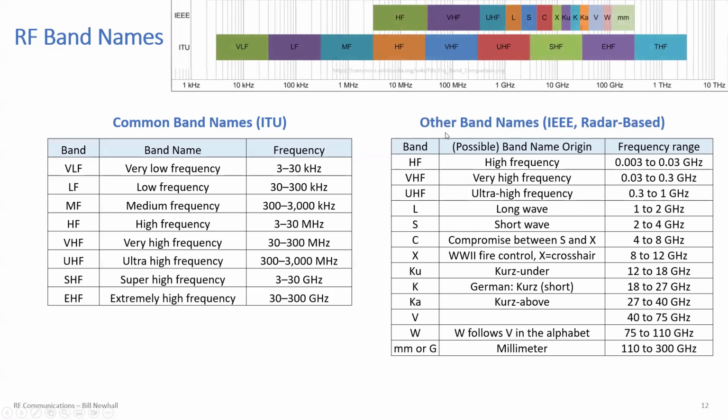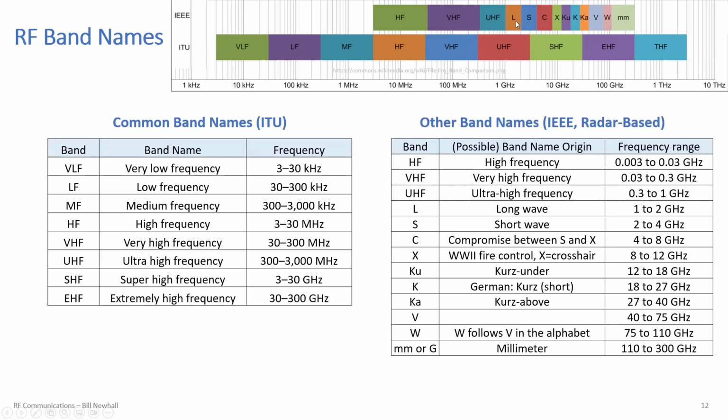And these two tables conflict with each other. You can see here, this is the IEEE designation up top and the ITU designation at the bottom. VHF doesn't exactly overlap. UHF definitely doesn't overlap. And then you have these higher radar designated bands typically, although we do use those for communications. You can have an S-band communication link. It's not necessarily radar, but someone might say that's a UHF band, and someone might say that's L band, and they mean the same thing.